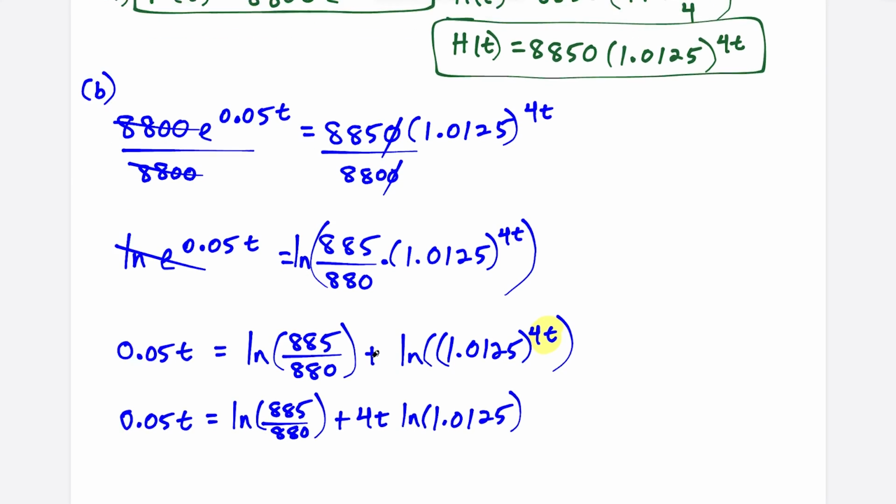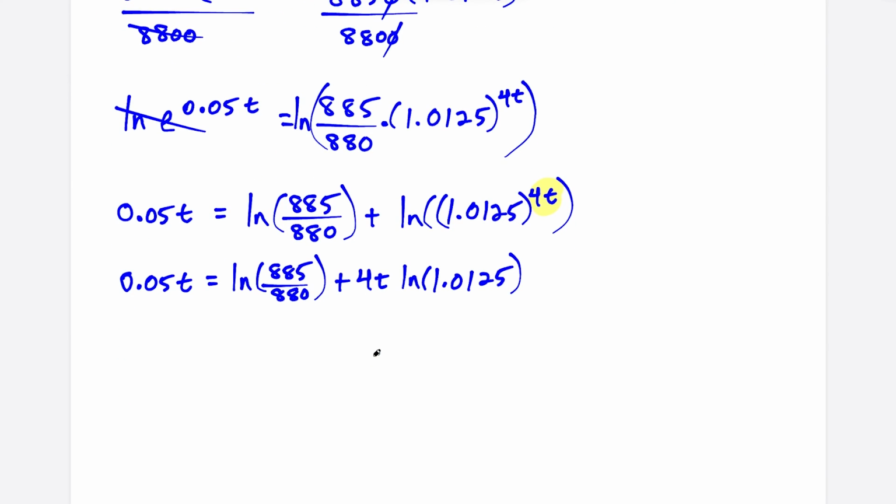Now this algebra definitely gets a little bit tricky, but what you want to do from here is get the t terms on one side of the equal sign. So I'm going to subtract 4t natural log of 1.0125 on the left and the right side.